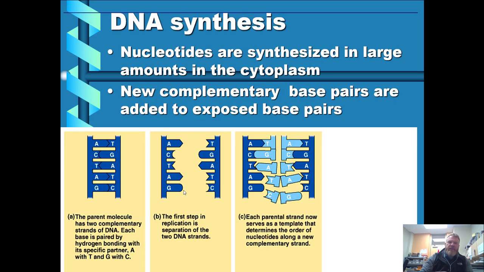Then nucleotides are synthesized, and they are added complementary. What that means is on this A, as we talked about, every A bonds with a T, and every T bonds with an A. Every C bonds with a G, every G bonds with a C, and so forth, okay?